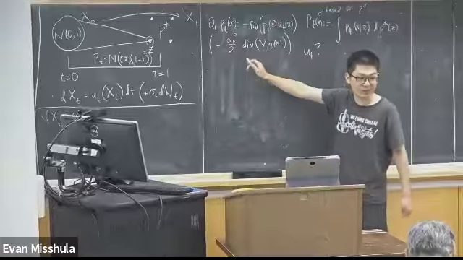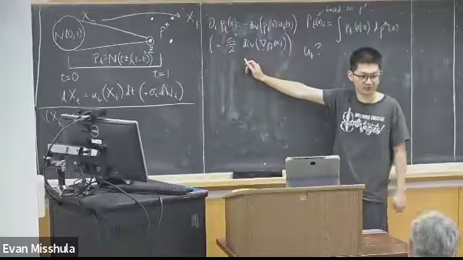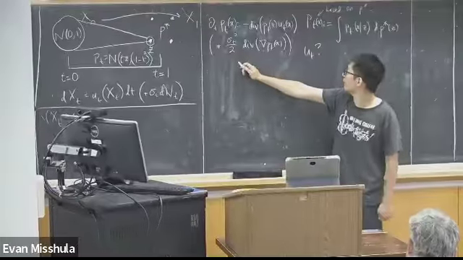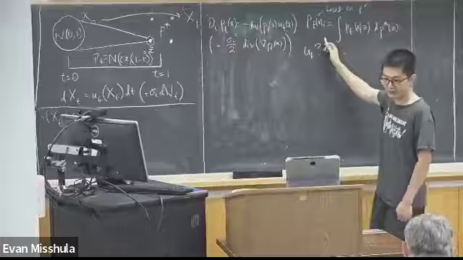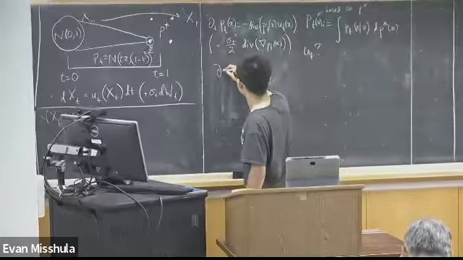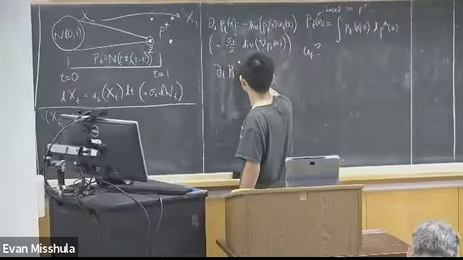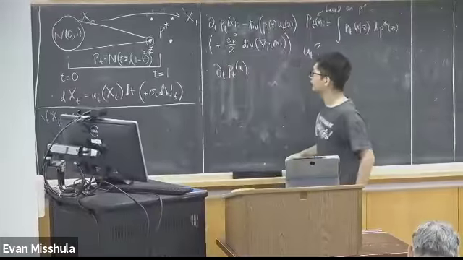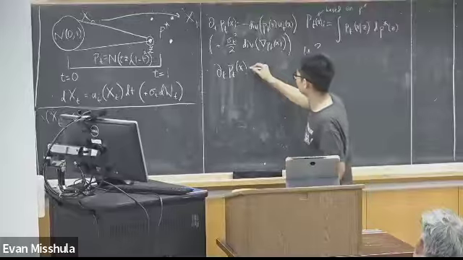And this equation immediately gives you a way to reverse engineer u sub t from p sub t. And here's how to do it. It's just the left side of the Fokker-Planck equation.